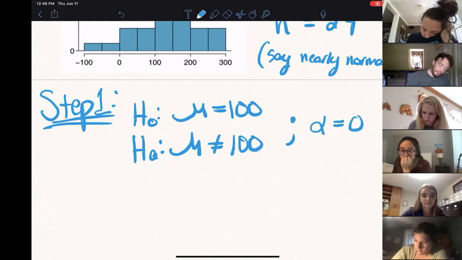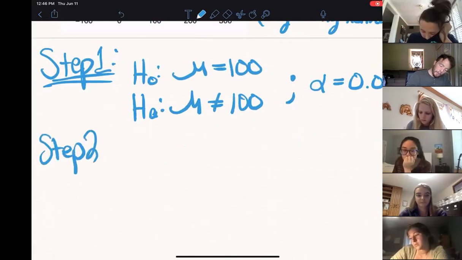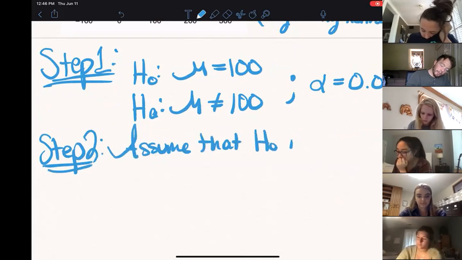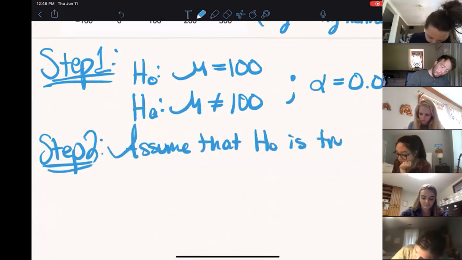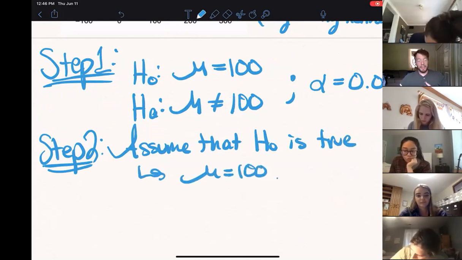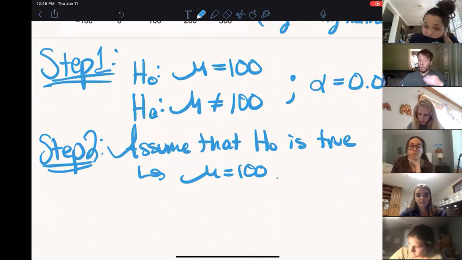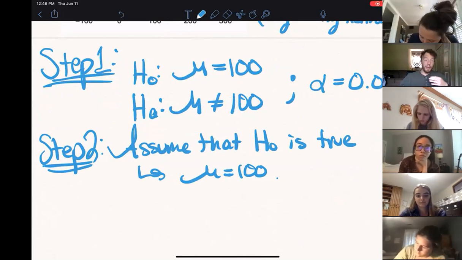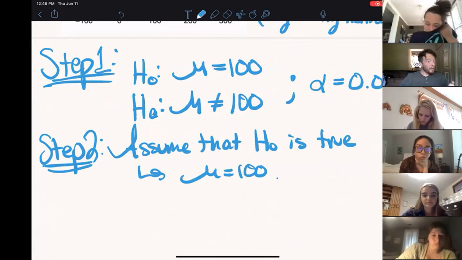Our second step is the easiest one, which is just assume that our null hypothesis is true, that mu is indeed equal to 100. So I start by saying, let's say the population average is actually 100. I'm going to set mu equal to 0. And now I'm going to see if my evidence says that maybe that assumption wasn't that good, or if I don't have enough evidence to say that.